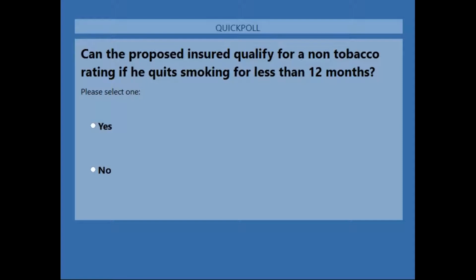And as we're waiting here for enough of the attendees to come in. On that basic question, and that is, of course, can that proposed insured qualify for non-tobacco rate if they have quit smoking in less than the 12-month window of time?